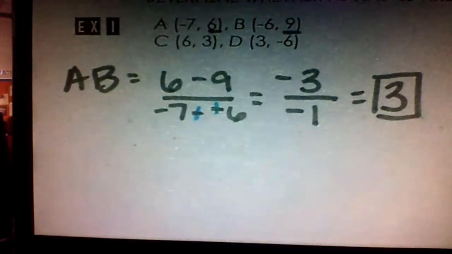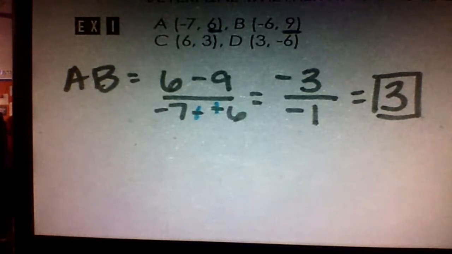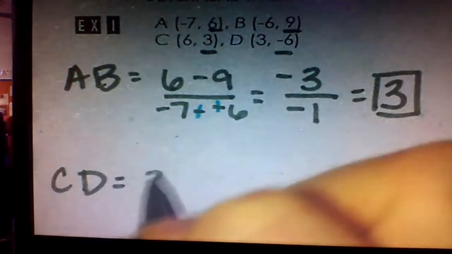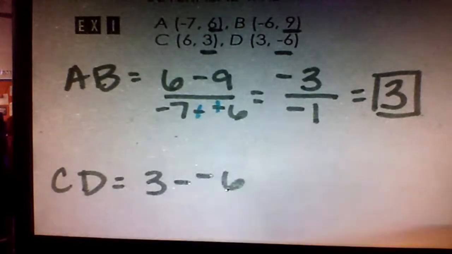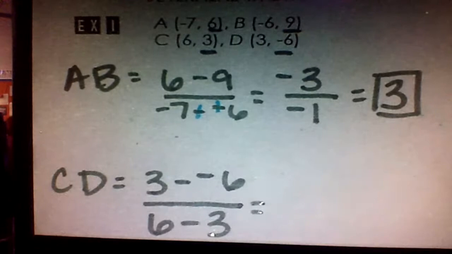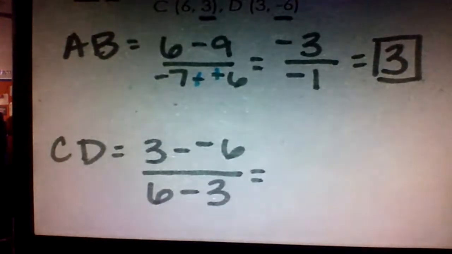If these lines are parallel, I have to prove that CD also has a slope of 3. So CD, again, subtract your y's. 3 minus -6 and 6 minus 3. Well, what's 3 minus -6?